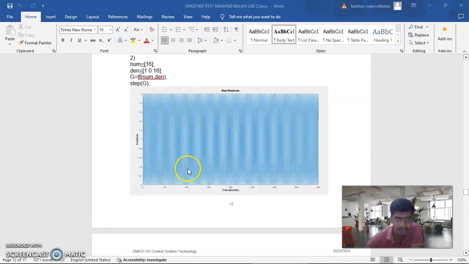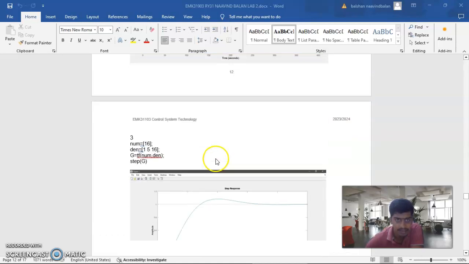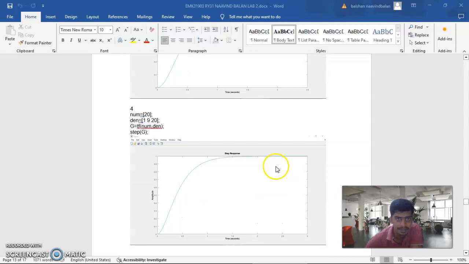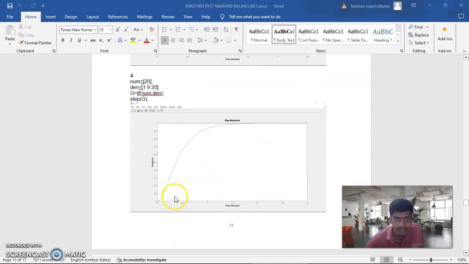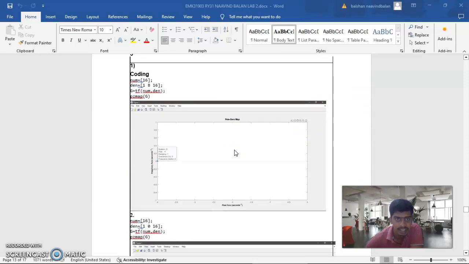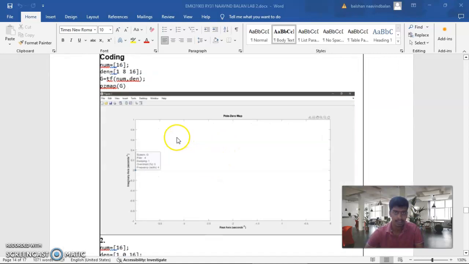But for this one, there is still quite a lot of noise, so the result will be like this. This one is also the same, steady state at 0.2. Then this result will be at 1.5. So these are the points, you can see here clearly.